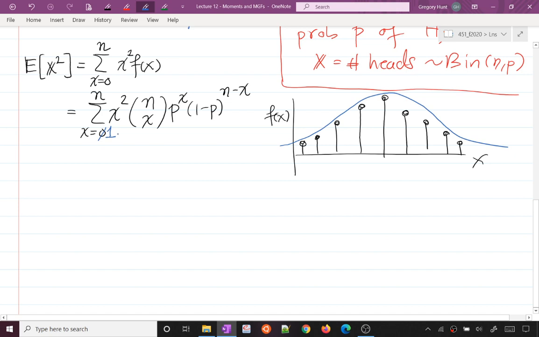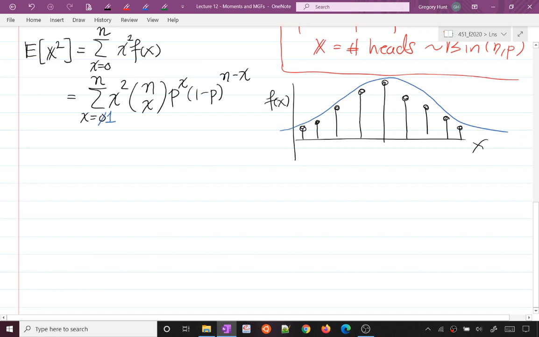First of all, I can change my sum from starting at 0 to starting at 1. Why can I do that? Because if x is 0, x squared is 0, so the whole term is 0. Basically that first term doesn't contribute anything to the sum. We had also seen last time that x times n choose x can be written as n times n minus 1 choose x minus 1.